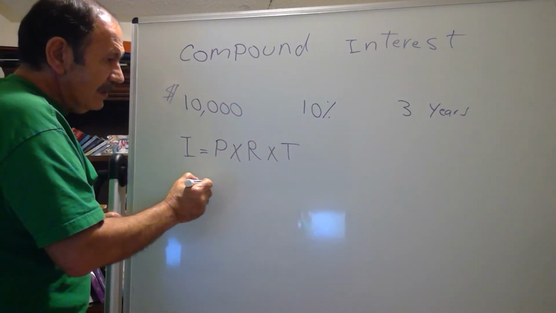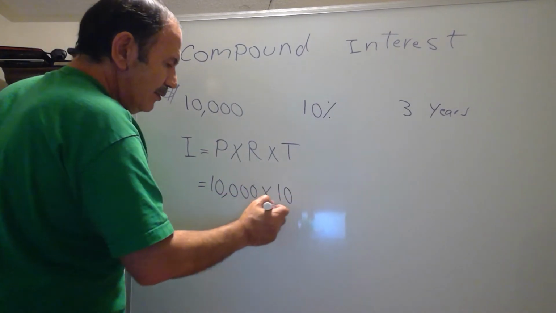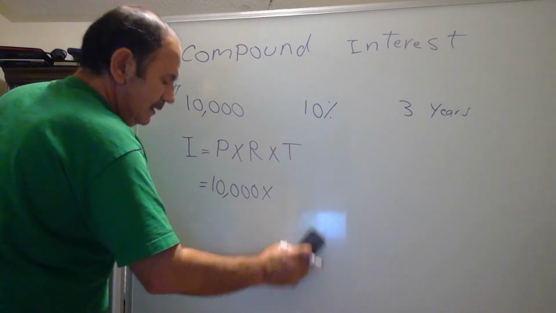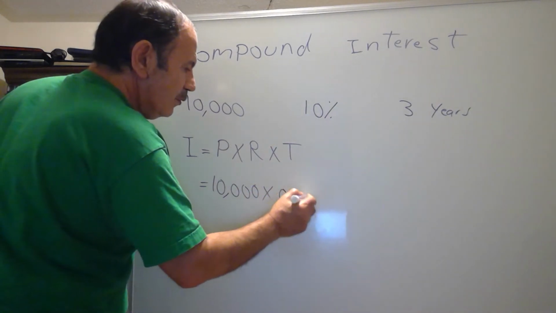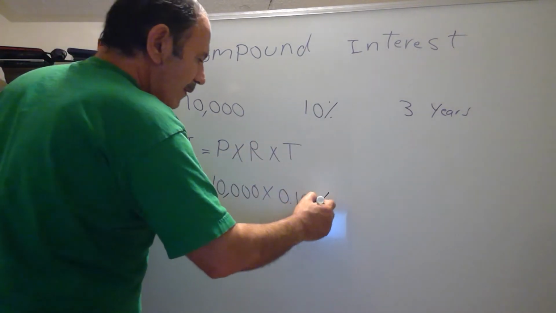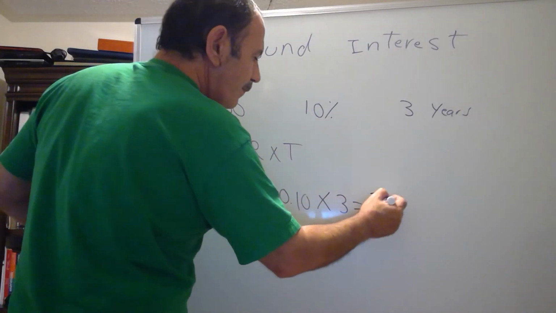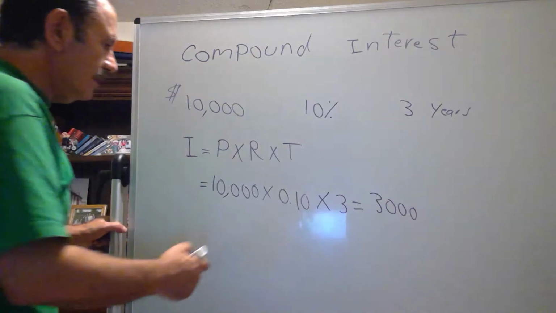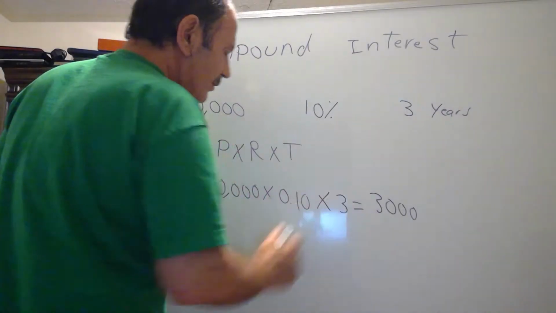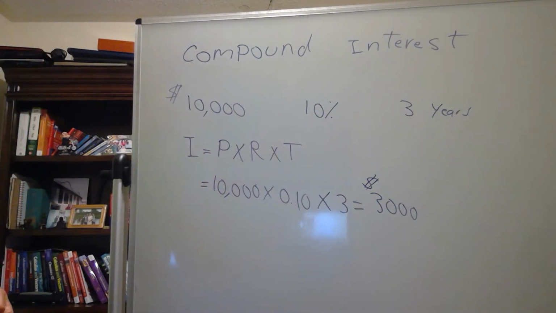The principal is $10,000, the rate is 10%, which as a decimal is 0.10, or actually 1/10, multiplied by 3 years, which is gonna be $3,000, the amount of simple interest in 3 years.